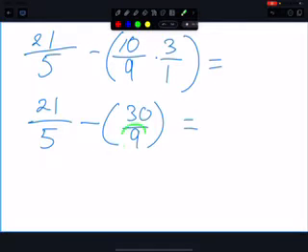Subtraction of 2 different denominators, you need to look for the lowest common multiple of 5 and 9, which is 45.